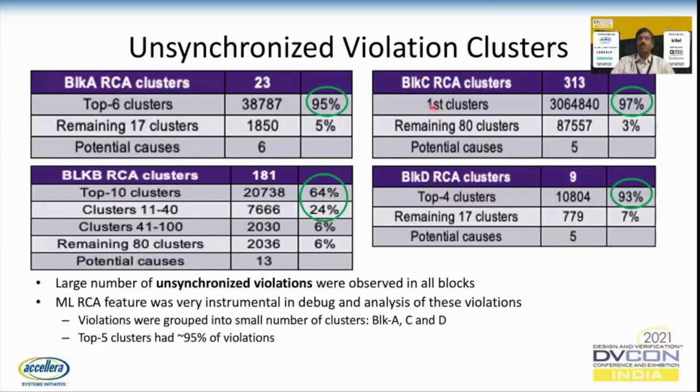There were around 13 possible causes identified for block B and 5 causes for other blocks. Essentially, 70% of violations for block B were addressed using these 9 of the debug clues that were provided. Remaining were either design issue or needed explicit qualifier constraint.